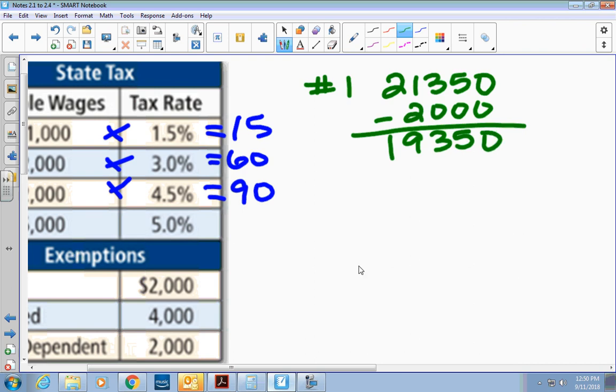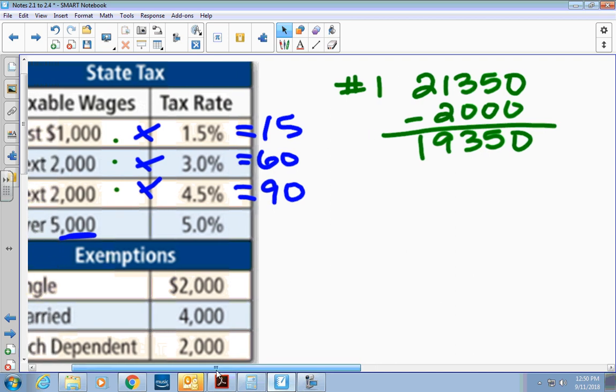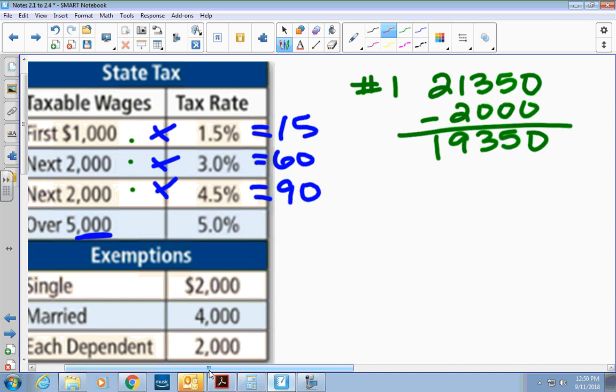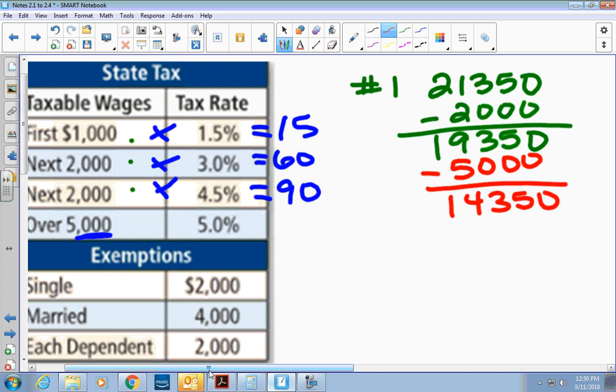So he's only paying taxes on the $19,350. We've already taken care of the first $5,000 that he made. Now we're going to calculate the 5% of anything over $5,000. So we have to subtract out that $5,000. We get $14,350.